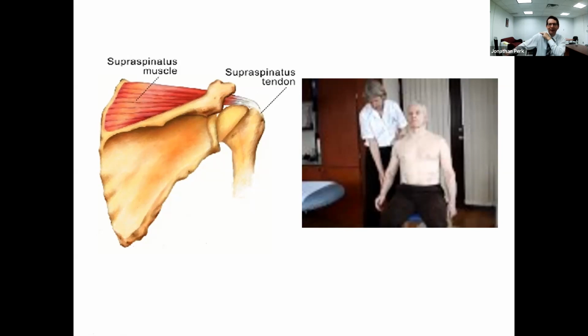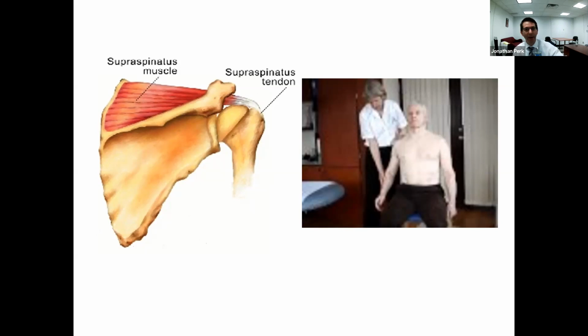And when that happens, we have the arm go outside. Outside is abduction, away from the body. And this is important because once that happens, a stronger muscle can take over and do the rest of the movement. We'll get to that muscle in a moment. But it's important to remember that this abduction is done by the supraspinatus muscle, and that is innervated by the proximal branches of the suprascapular nerve.